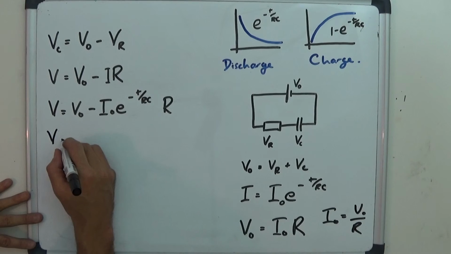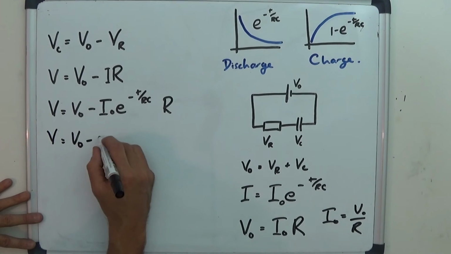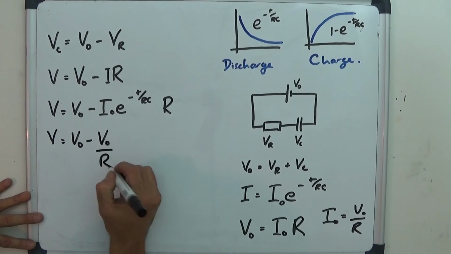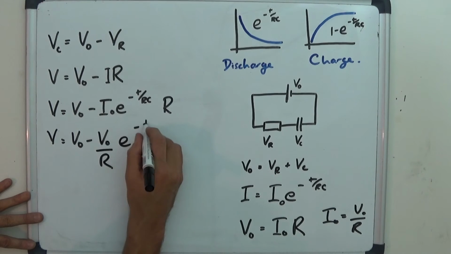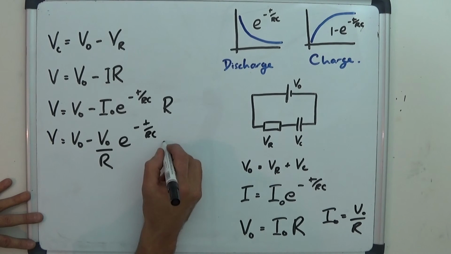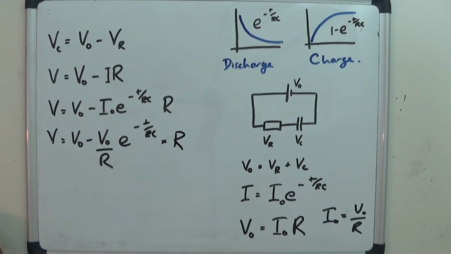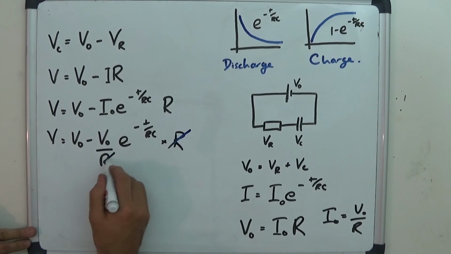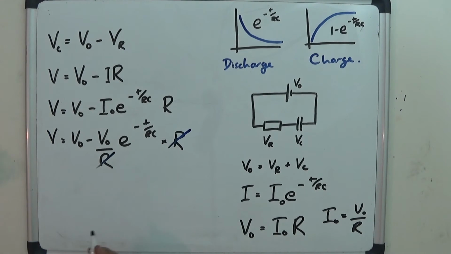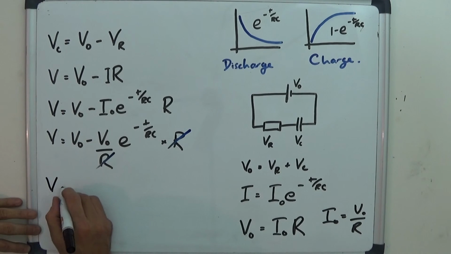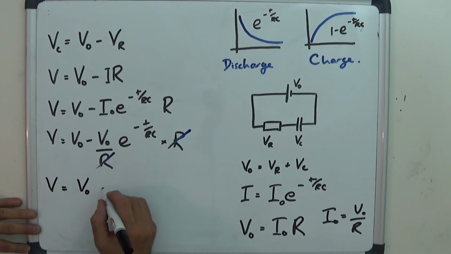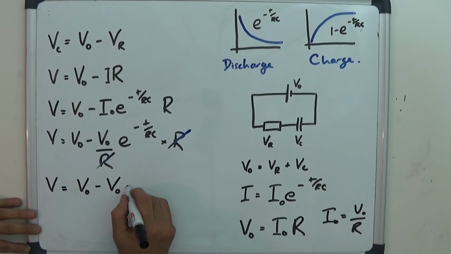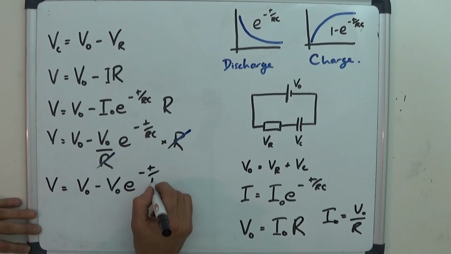So I end up with V equals V0 minus V0 over R times e to the minus t over RC, all times R. And you can see straight away the two R's cancel each other out, which is great news for us, and we end up with V equals V0 minus V0 e to the minus t over RC.